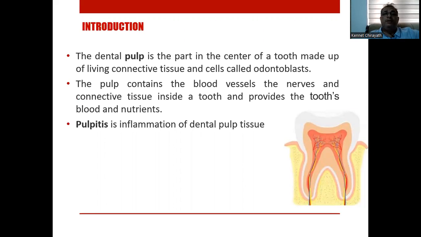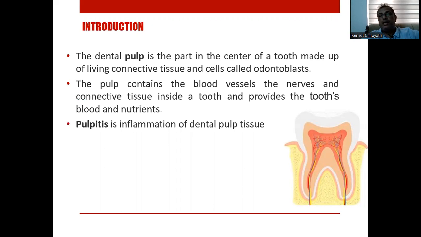The dental pulp is the part in the center of the tooth made up of living connective tissue and odontoblasts. Basically, the pulp is surrounded by the dentin.